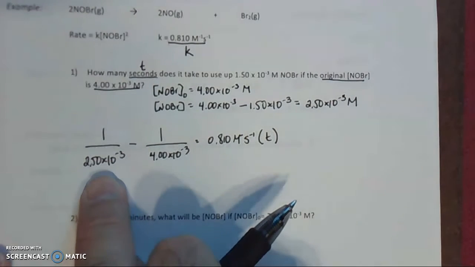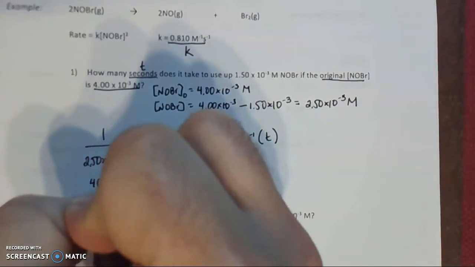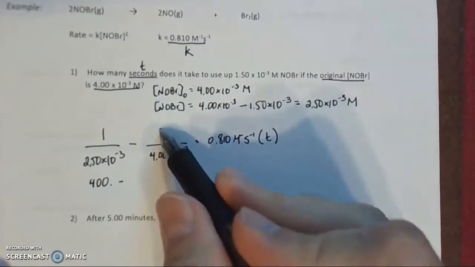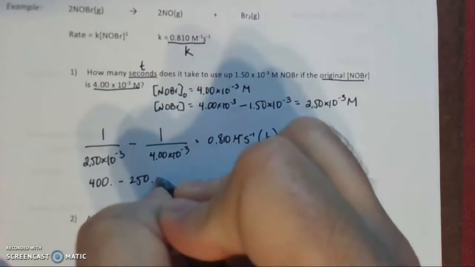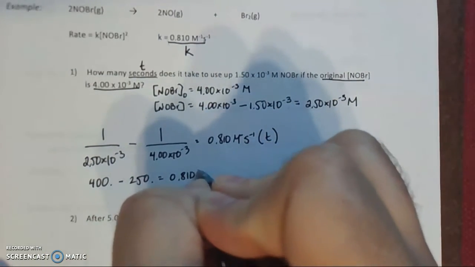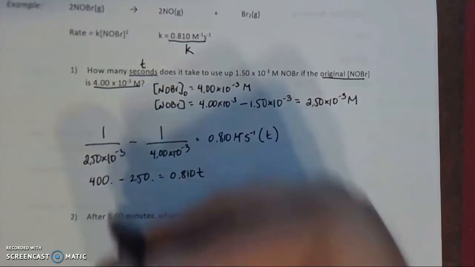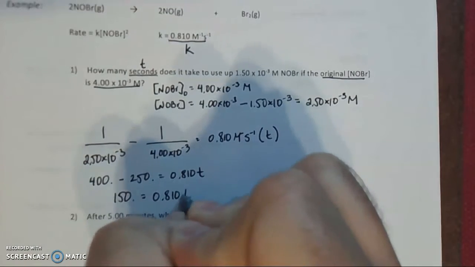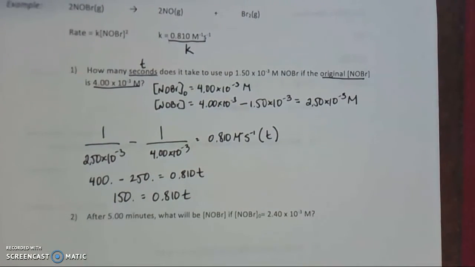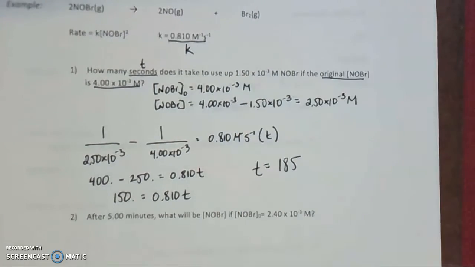We could either take the reciprocal of 2.50 times 10 to the negative third or put 1 divided by that. When we get that, we get 400, minus 1 over 4.00 times 10 to the negative third, which is 250, is equal to 0.810 t. So 150 is equal to 0.810 t. Divide both sides by 0.810, and we get t to be 185.